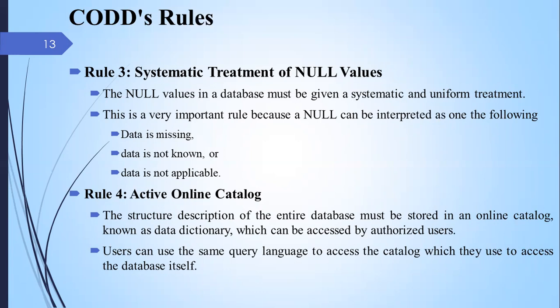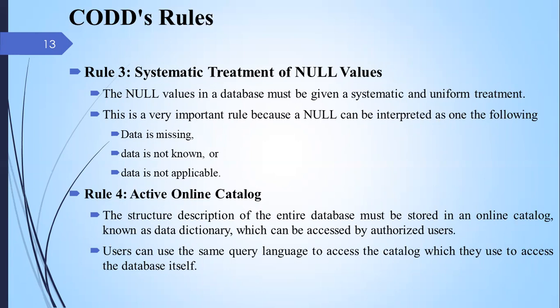Rule 4, active online catalog. The structural description of the entire database must be stored in an online catalog known as the data dictionary. What is this data dictionary? We can say it is a structured description of an entire database.